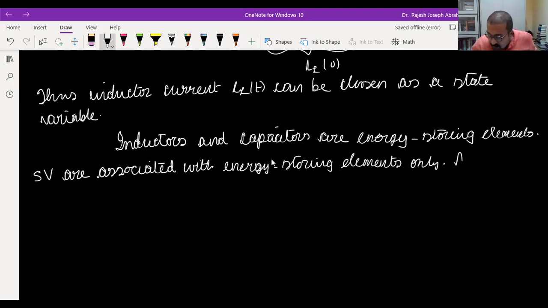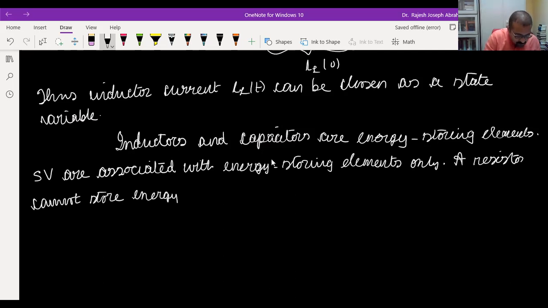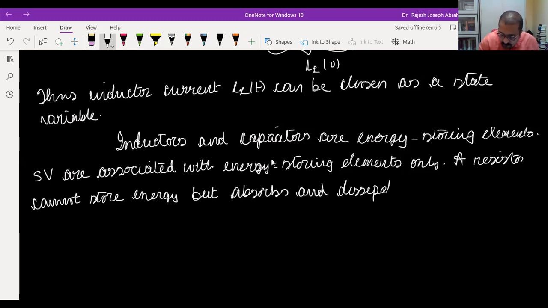A resistor cannot store energy, but absorbs and dissipates energy as heat.